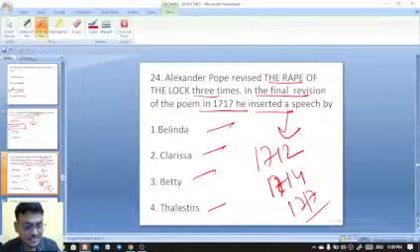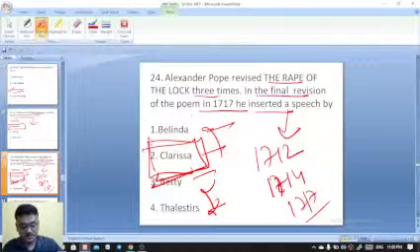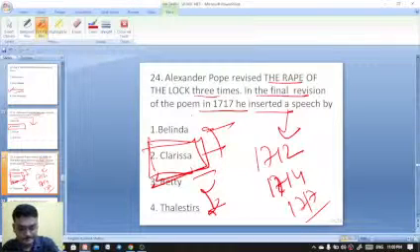It's Clarissa's speech, it's not Thalestris, and it's not Belinda. Clarissa's speech was added in the third edition, the final version that came in 1717. So 2 is the right answer.